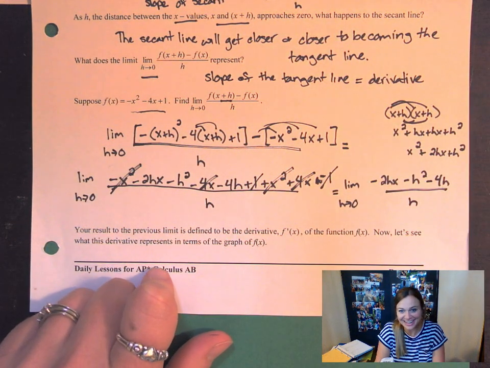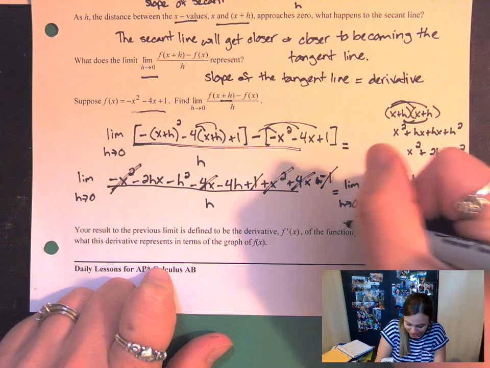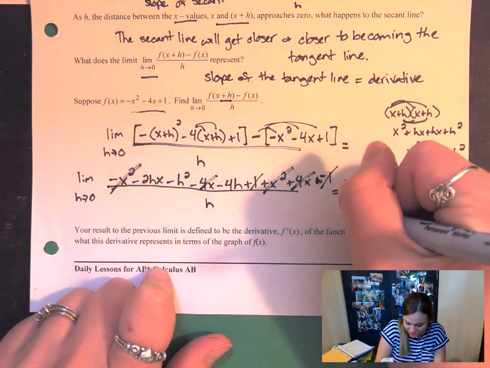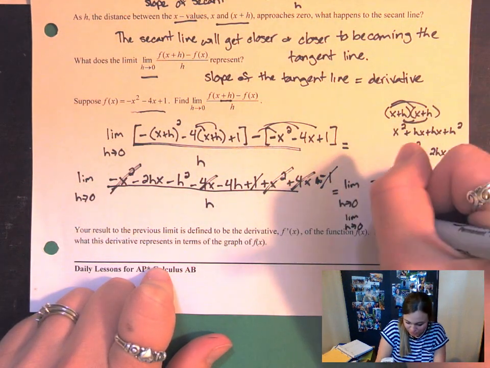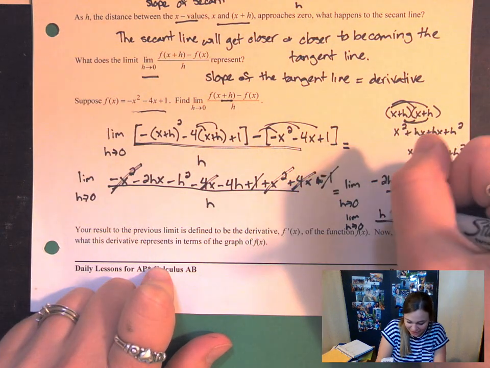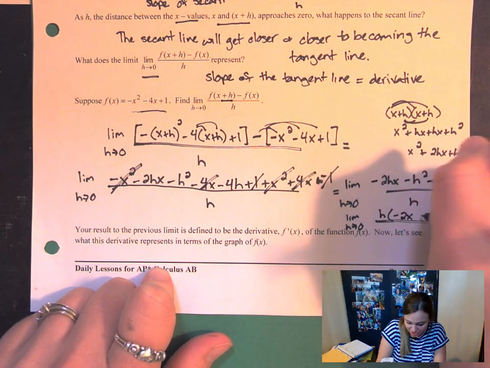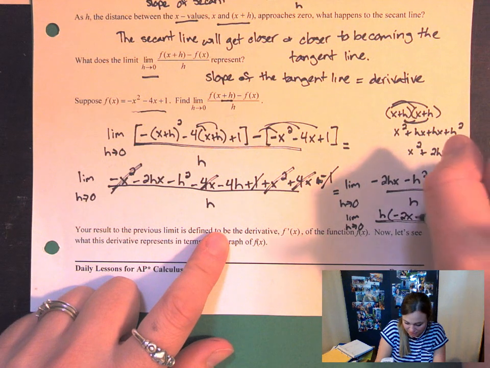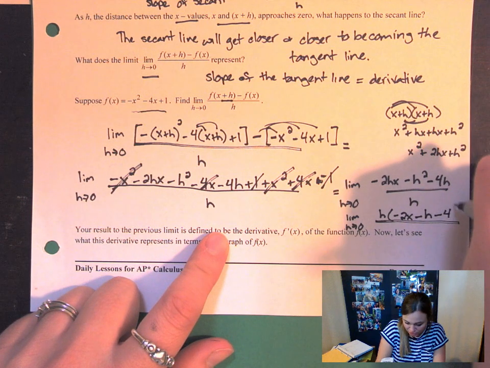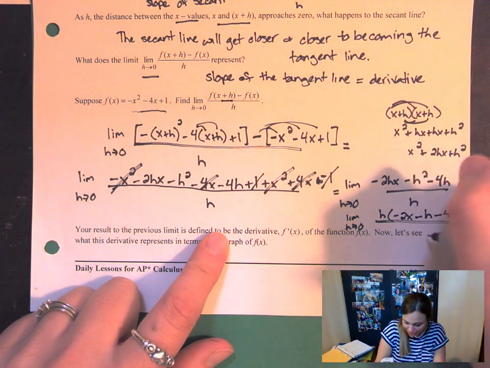Okay, this is nice because now in the numerator, I'm going to factor out an h, and I get the limit as h approaches 0 of h times negative 2x minus h minus 4, over h.